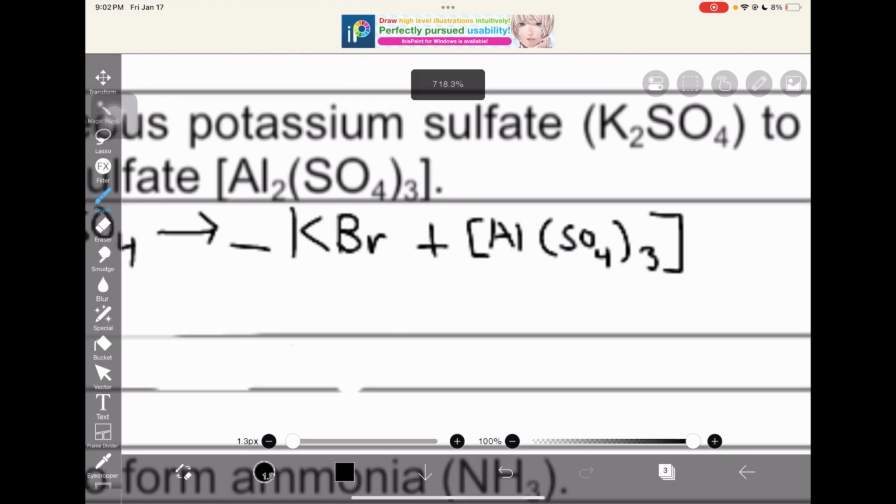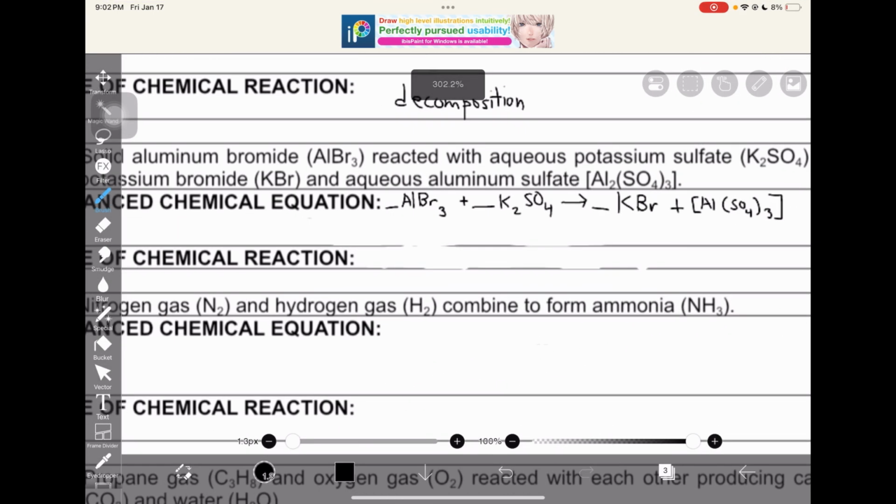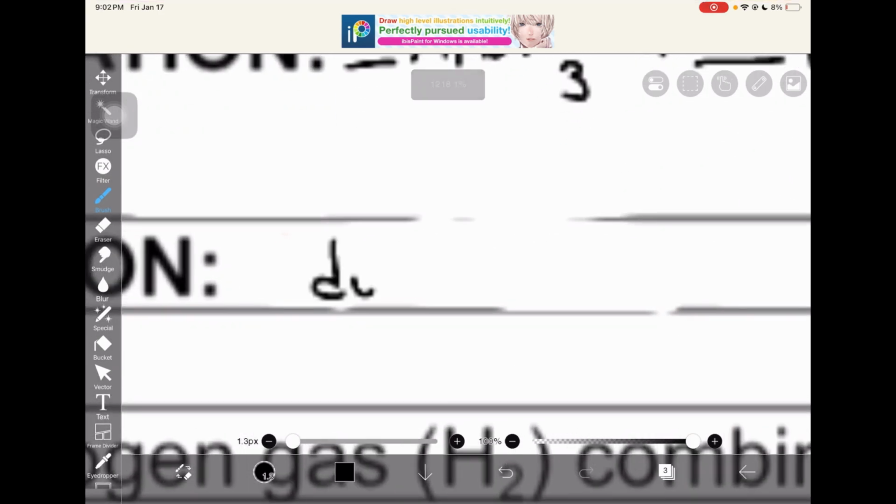So this is definitely a very complex one, and I think just by the looks of it, as you can see, there's 4 elements. This is definitely a double displacement.